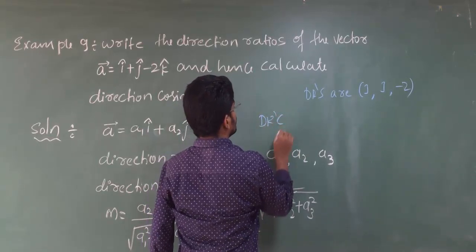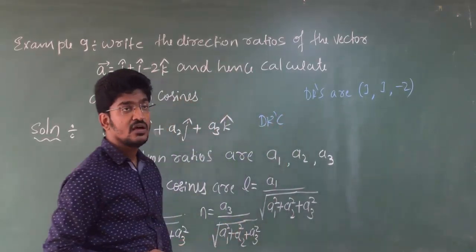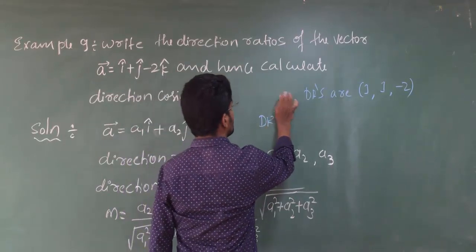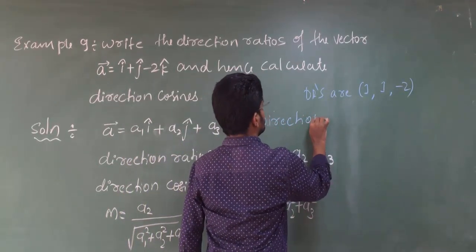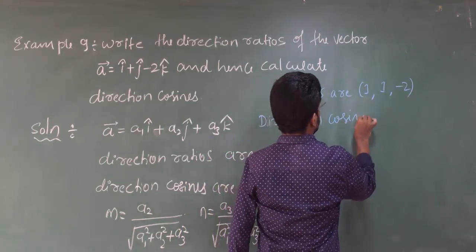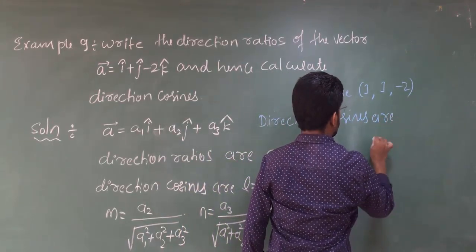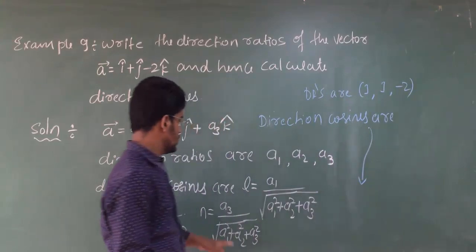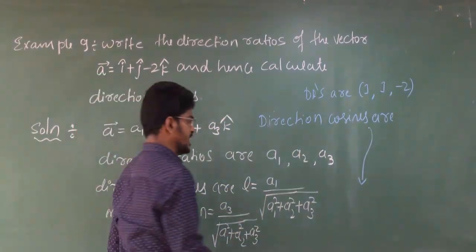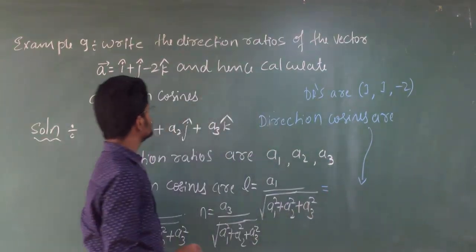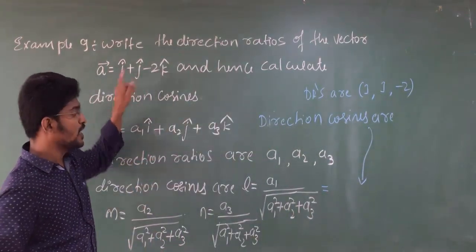Direction cosines. Clear? So direction cosines are, see here, l equal to a1 divided by root of a1 square plus a2 square plus a3 square. What is your a1? 1.